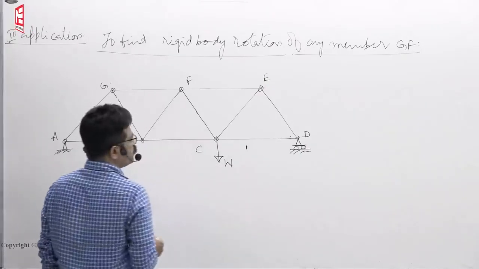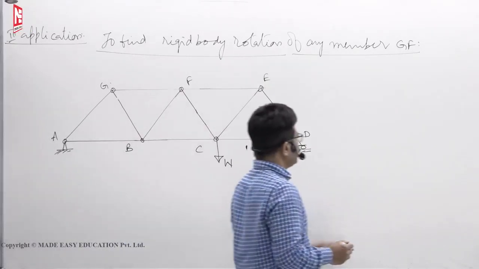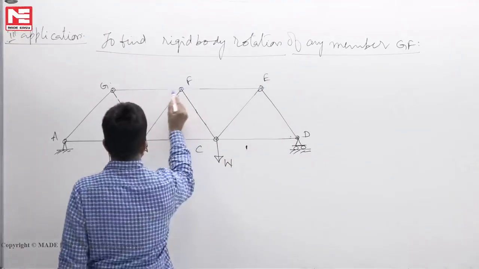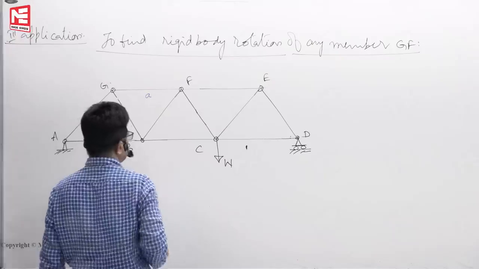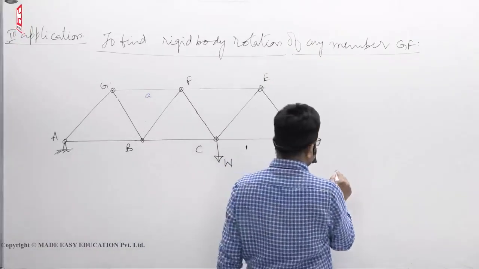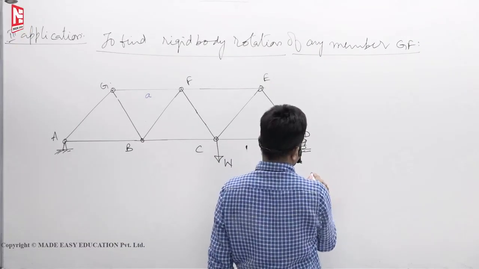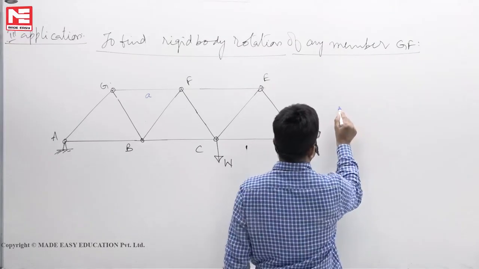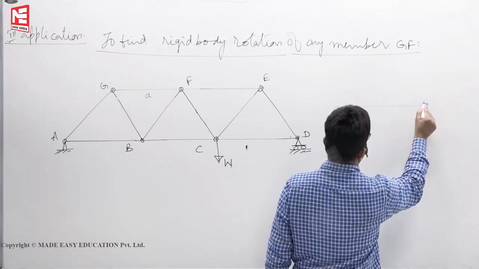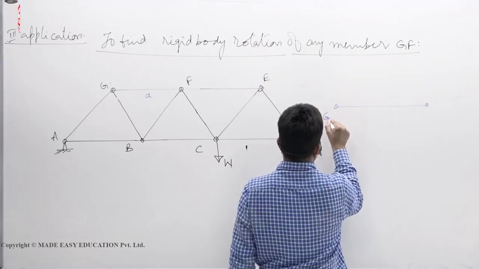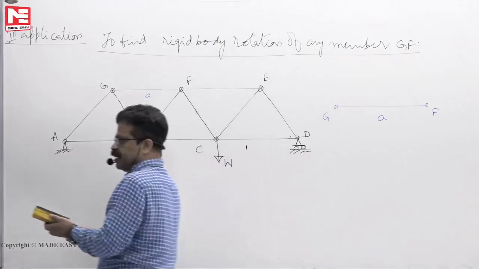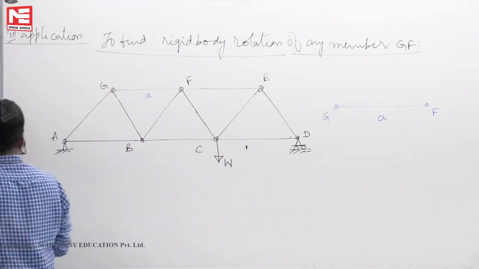So having understood how rigid body rotation looks, now you see this member GF, let us say its length is A. GF distance is A. How much it rotated, we want to find.